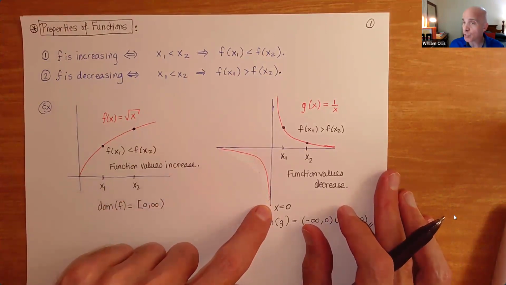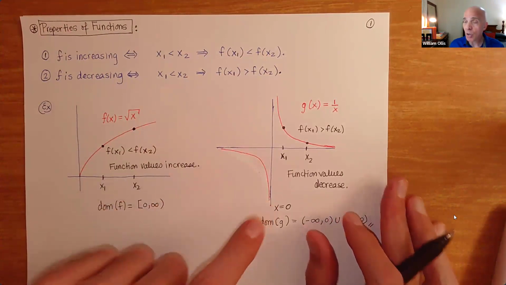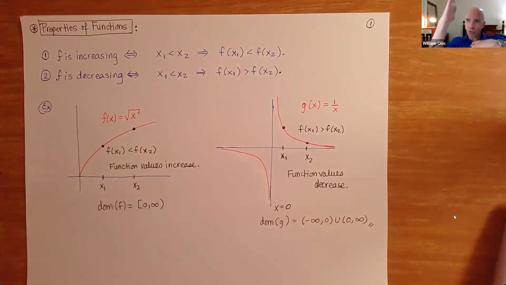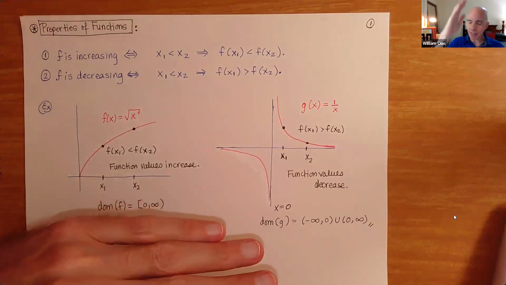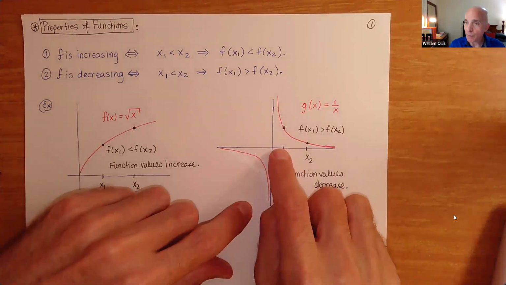That is, they diverge to negative infinity. So what we have is this really interesting situation where the function diverges to negative infinity as x approaches 0 from the left, and it diverges to positive infinity as x approaches 0 from the right.